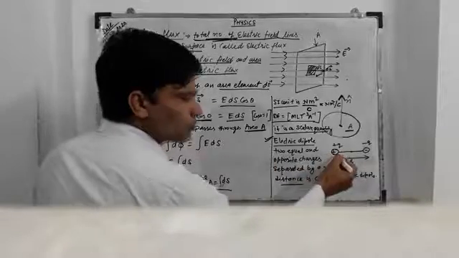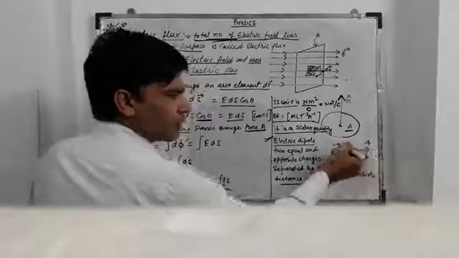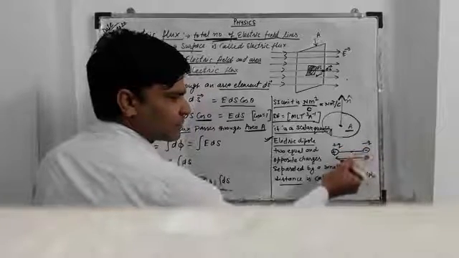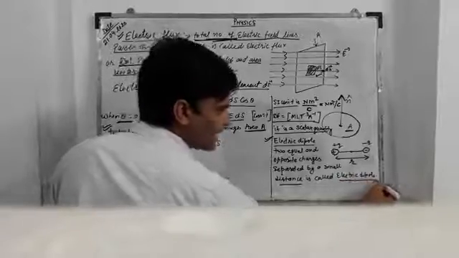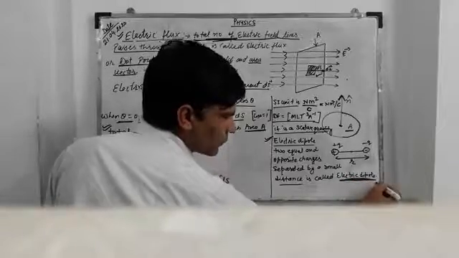Two equal and opposite charges separated by a small distance is called an electric dipole.